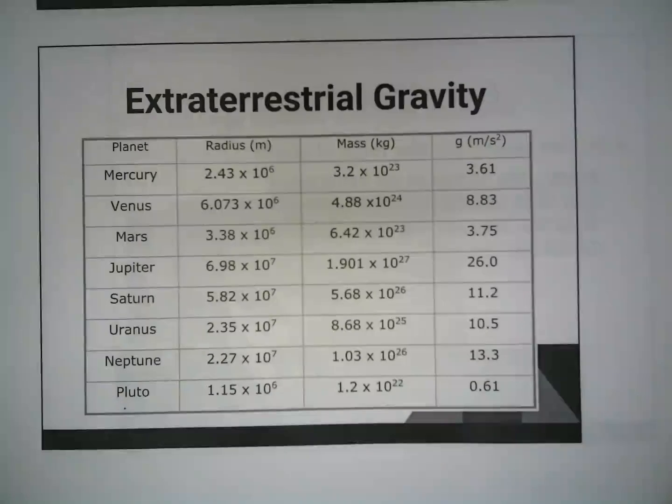So yes, I know Pluto's on here. We're going to keep it on here just because it is a relatively large mass floating around our solar system that is affected by all the other masses, by the sun within our solar system.